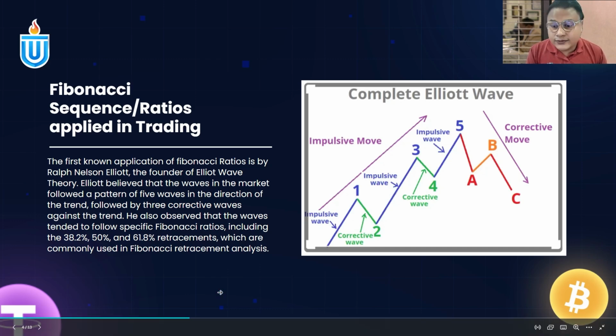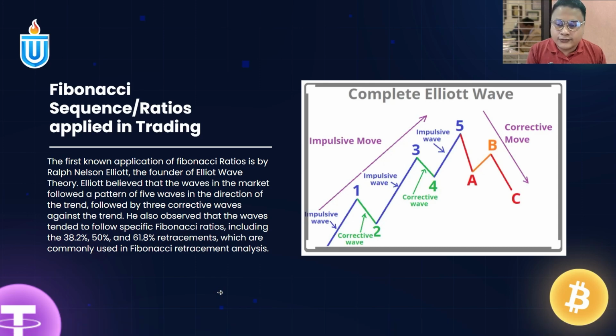So, Elliott believed that the waves in the market followed the pattern of 5 waves in the direction of a trend, no? Or the trend. Then, followed by 3 corrective waves against the trend. Basically, may impulse move ka, 5 waves, and 3 corrective waves ka on the corrective move.